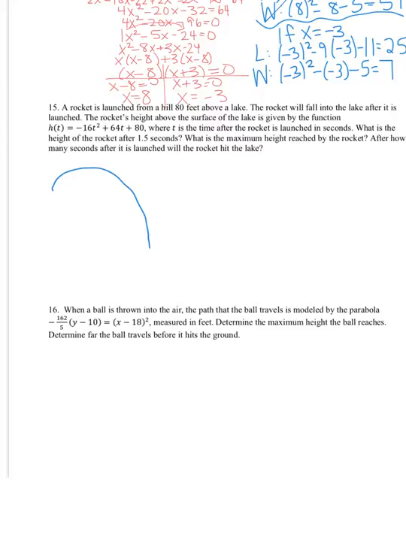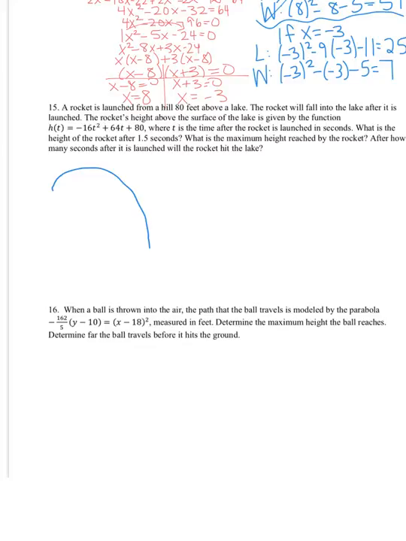So h of t gives you the height. And it's going to be in feet because it says 80 feet above a lake. So yeah, we're just going to say it's feet for now. So for number 1, again, the input is the time and the output is the height.